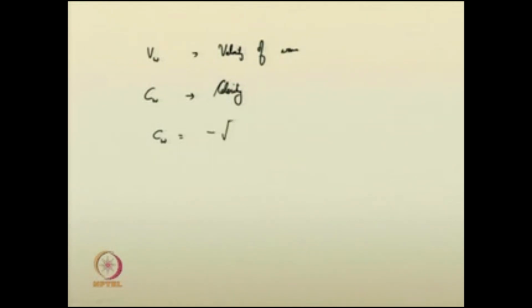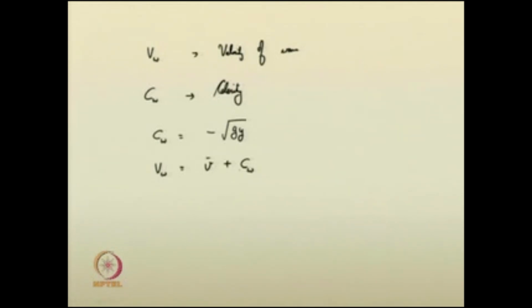So, celerity is negative. I have C w is equal to minus root g y, and also V w is equal to V bar plus C w. This you are quite aware of, right. The velocity of wave at any section is equal to the velocity of water there plus celerity.